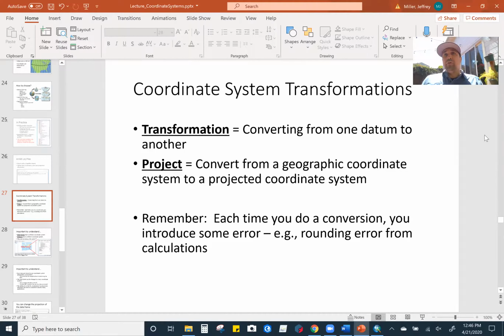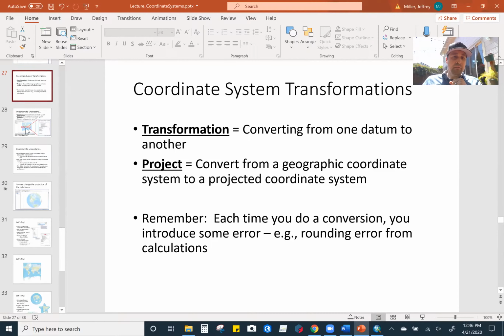So if our shape files came in with a latitude longitude reference, and we wanted to make measurements in meters, we could use the project tool, and it will take our data and convert it to a UTM zone. Moving on.